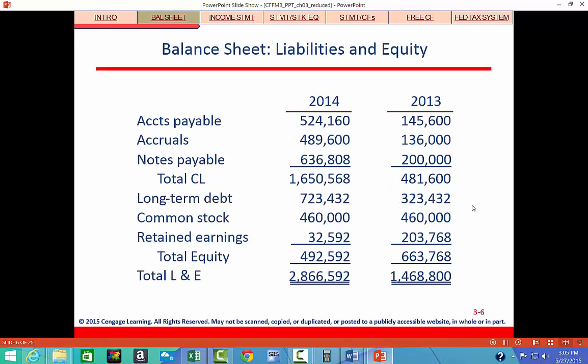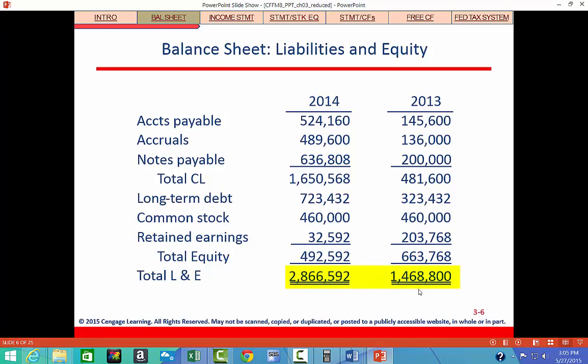The other part of the balance sheet is the liabilities and equity. So the whole thing is that all the assets that we just looked at are financed by everything here, the liabilities, which is debt, and equity. So there had to be increases in debt and equity to be able to finance such huge increases in their assets.